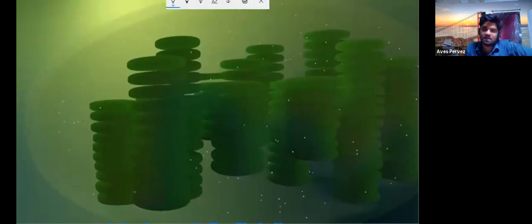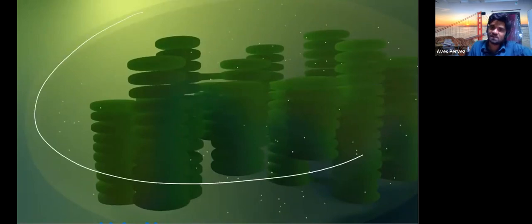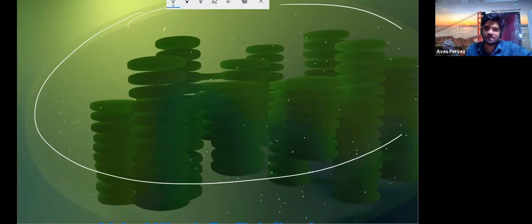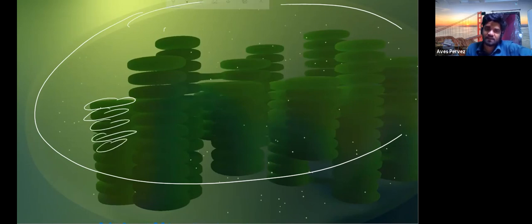This is a chloroplast, a type of plastid that is responsible for photosynthesis. This whole thing is a chloroplast, and inside it we have disc-like structures that contain chlorophyll.